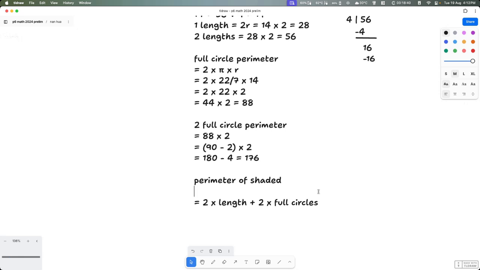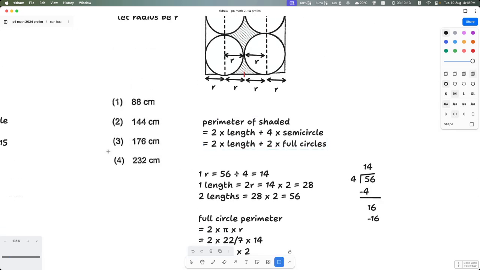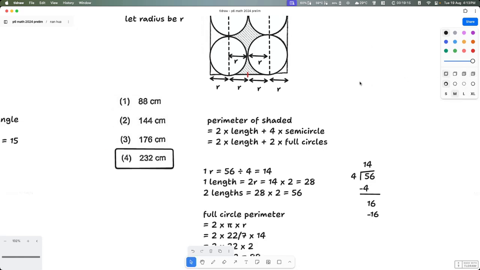Now with this, 2 times length is 56 plus 2 times full circle is 176. So 50 plus 170 plus 6 plus 6 is 220 plus 12, which is 232. There you go, there's your answer, 232. Bam. All right, that's it.